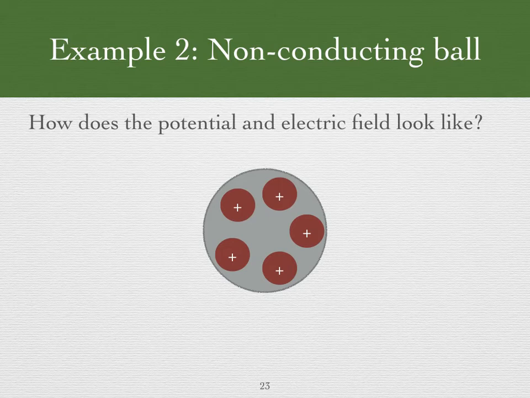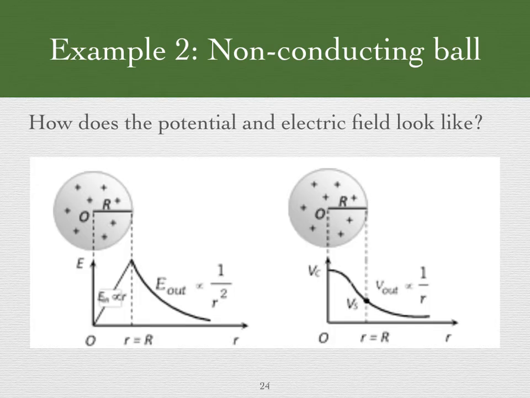So a lot of it will still be trapped in the center. If we look at the potential and electric field distributions, outside of the sphere is going to be the same, because we can shrink the entire ball into a point and use kq over r and kq over r squared.